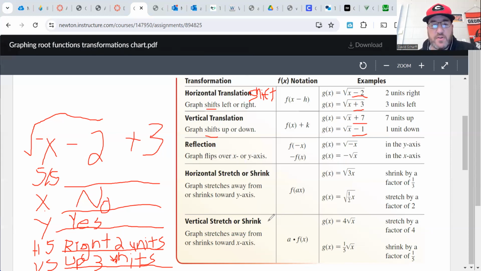So you can't even rely on looking at the chart. You basically have to look at the equation and be able to tell. And on all the problems I gave you, I didn't give you a problem that has both a horizontal stretch or shrink and a vertical stretch or shrink. It's just going to have one or the other, okay? So for stretch or shrink, you don't have to put if it's horizontal or vertical.